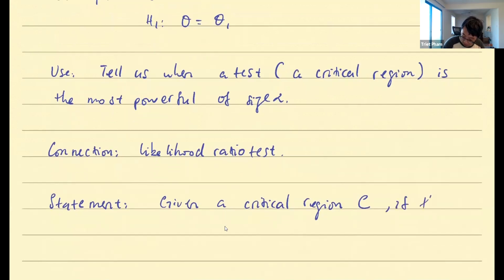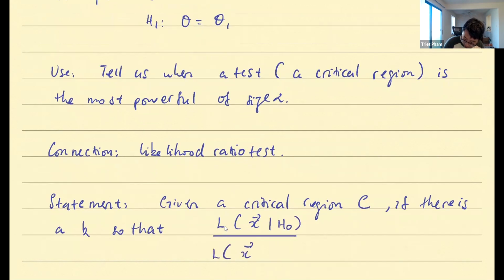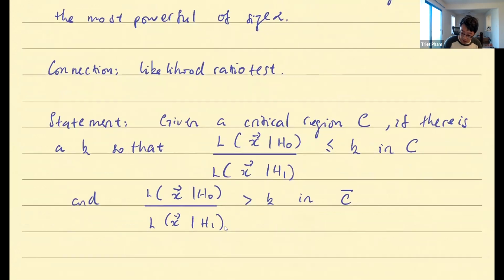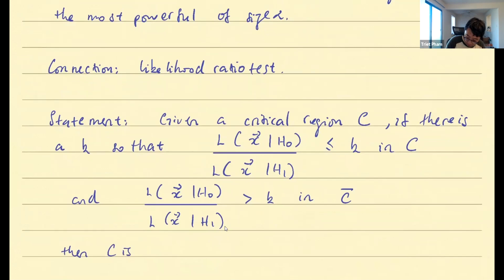If there is a value k, small k, so that the likelihood function under the null divided by the likelihood function under the alternative is less than or equal to k in C, and the opposite happens, sorry, this is a vector x, bigger than k in C complement, then C is the most powerful.